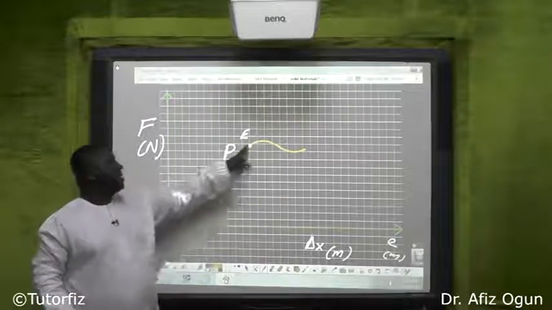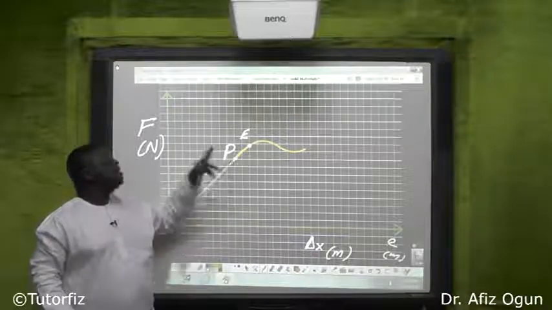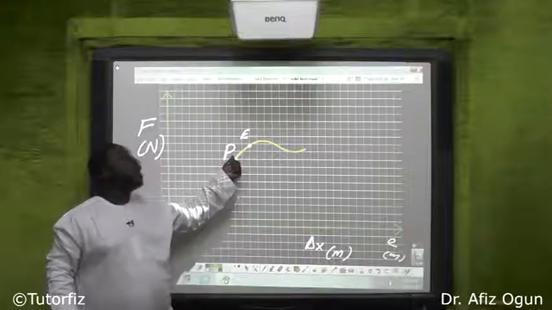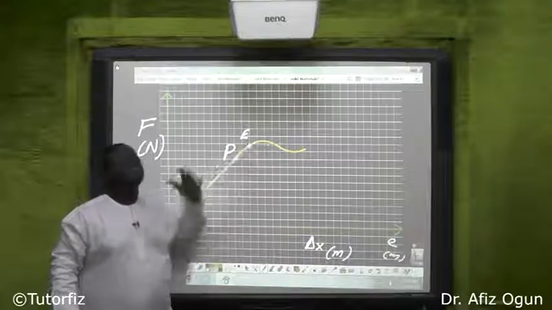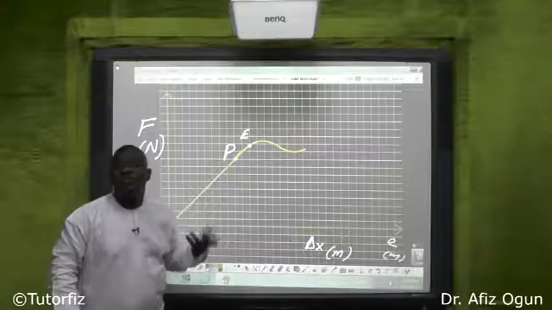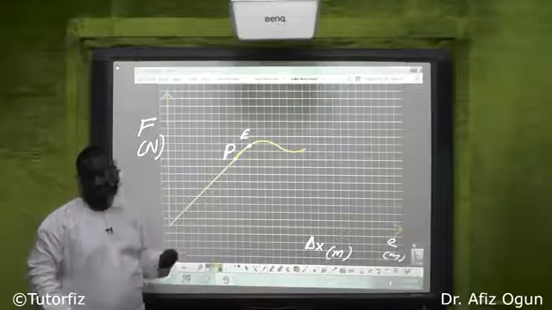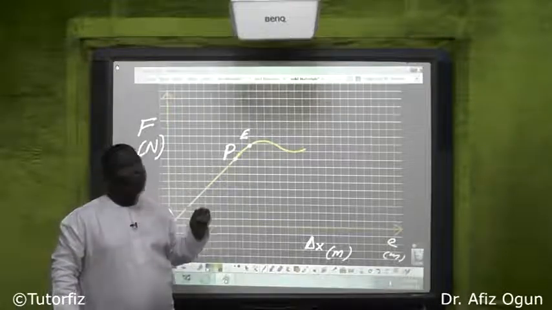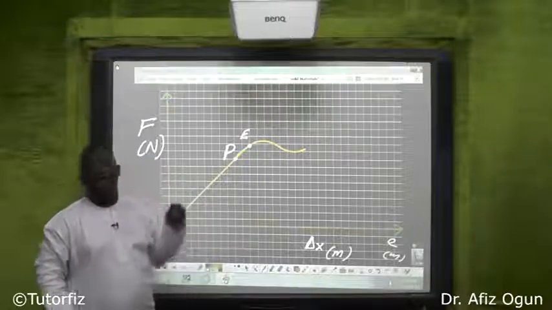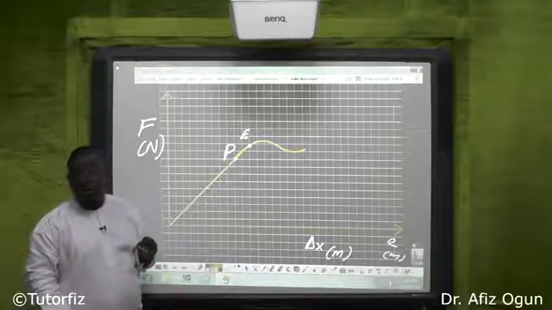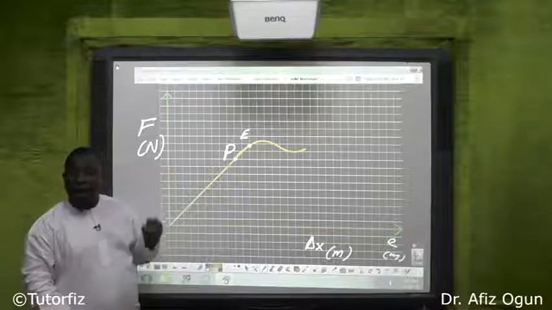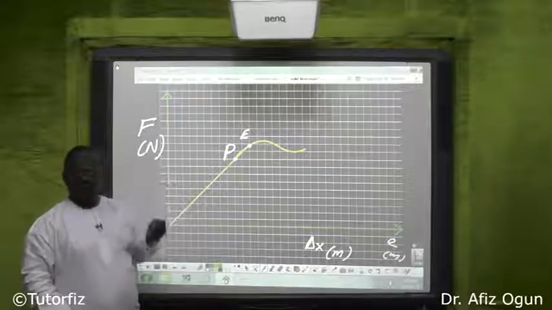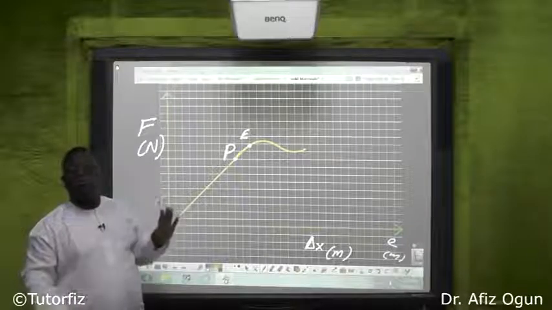Before the elastic limit, between P and E, it is no longer proportional, but it's still elastic. Elastic means it will come back to its original shape. I will no longer get the same increment if I add the same amount of force to my wire or to my spring. However, I will still be able to return it to its original shape when I remove the whole force.